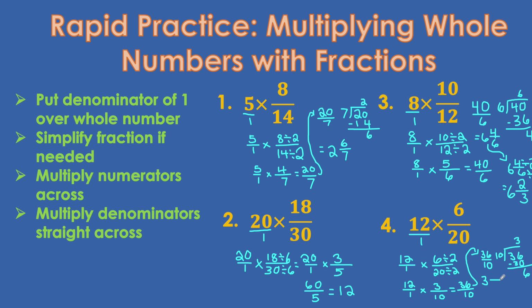Our remainder, which is 6, keep denominator the same, which is 10. Then finally, we can simplify this. Divide top and bottom by 2. And you get 3 and 3/5.